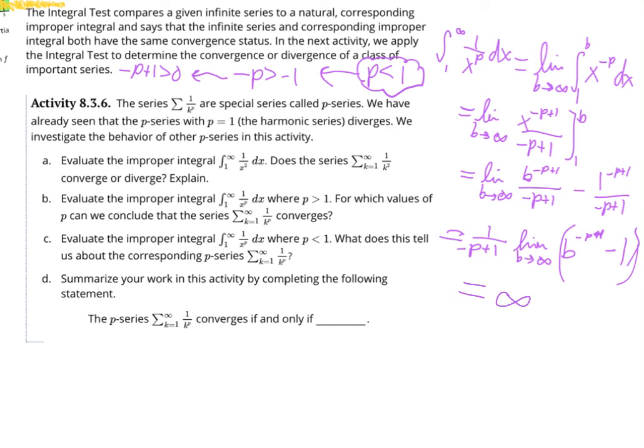So that tells us the integral diverges, which tells us that the series associated with it will diverge. Okay, so to sum this up, the important example of the p-series, the sum from k equals 1 to infinity of 1 over k to the p, converges if and only if p is greater than 1.